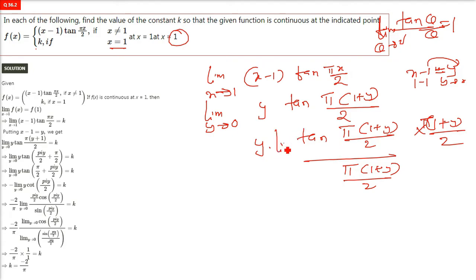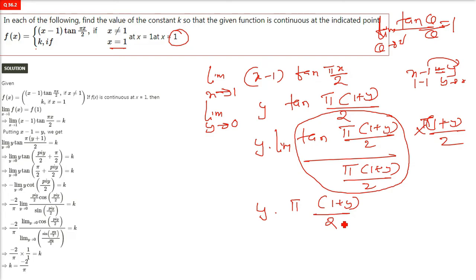Limit y tends to 0 here, so this whole term tan theta by theta is going to be equal to 1. So what do you get? When you apply the limit, you will get y and you have pi times (1 plus y) by 2. Now the limit exists. If you apply limit y tends to 0, just apply y equals 0, you will get the whole as 0.